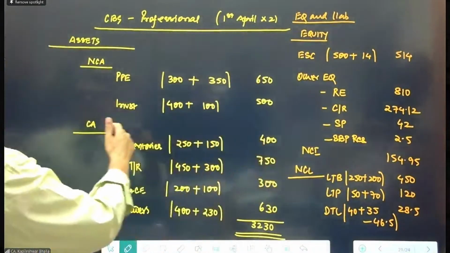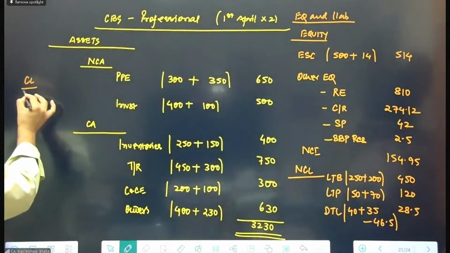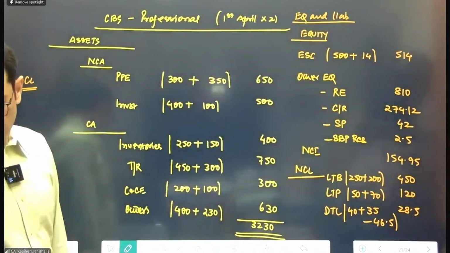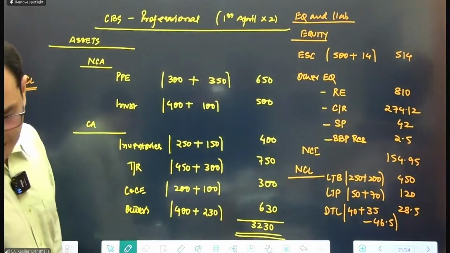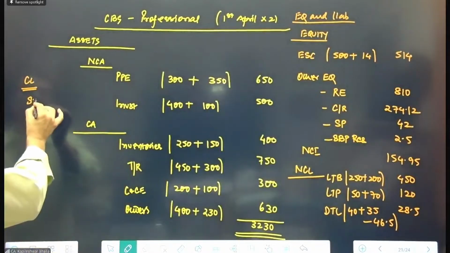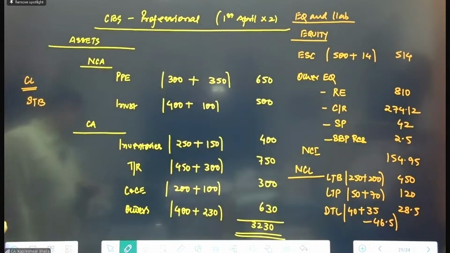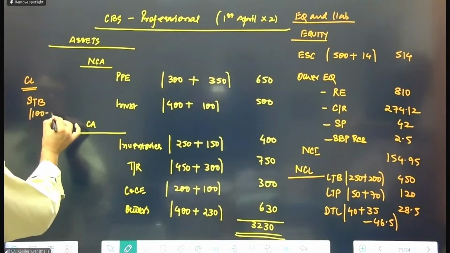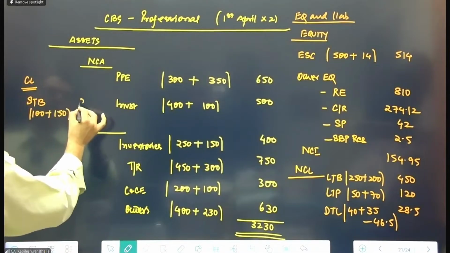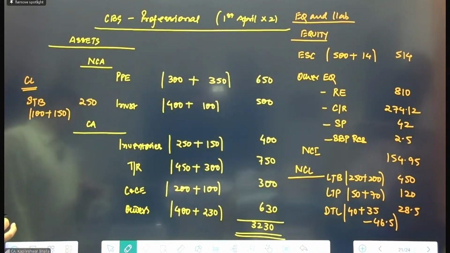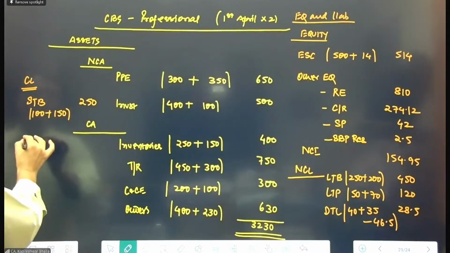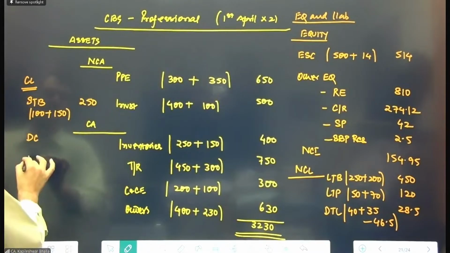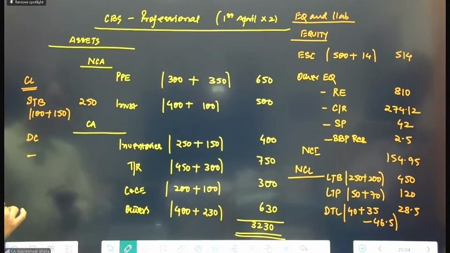I'm just using the space out here to add them. In the current liabilities, we have first of all the short-term borrowings. That's I think 100 as well as 150. That's 250. Then there is a DC, lest we forget. Then we can take trade payables.